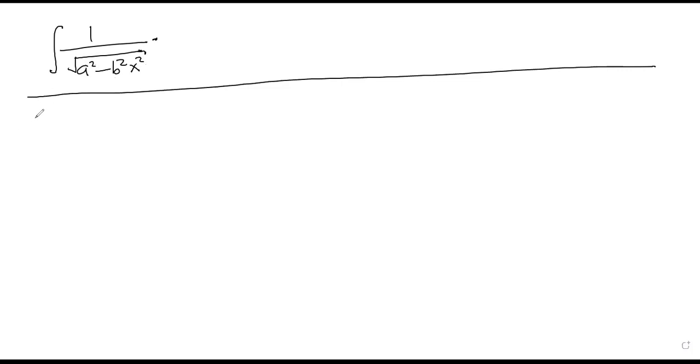So I'm going to begin with a concept that may be like an introduction still. We want to see how we can integrate a function of this form.